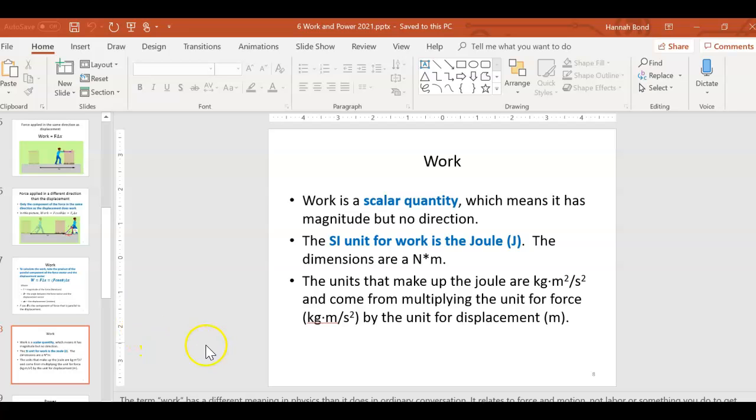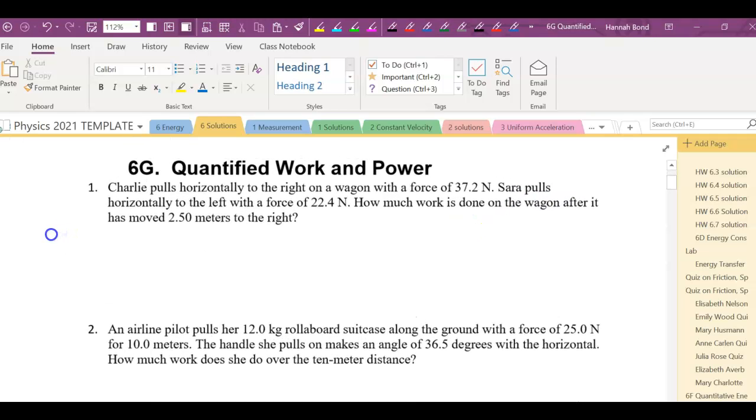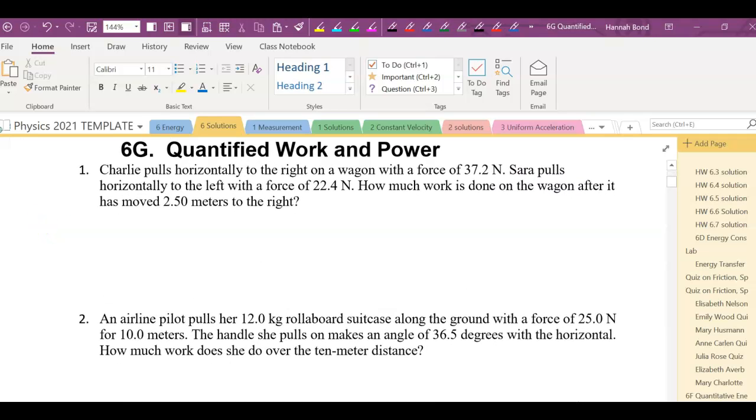Let's go work a few problems involving work. So I'm going to go to worksheet 6G, and let's see. As we're starting out here, number one, we have a situation where Charlie is pulling horizontally to the right on a wagon with a force of 37.2 newtons.